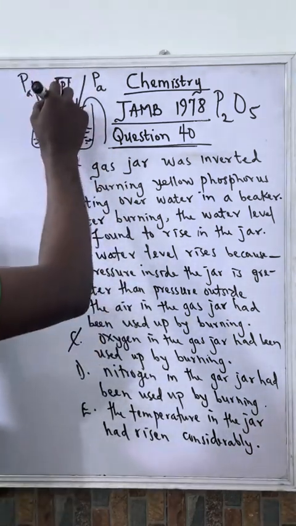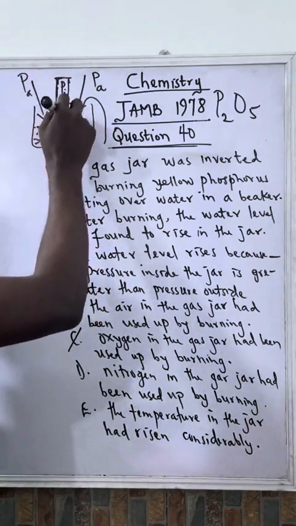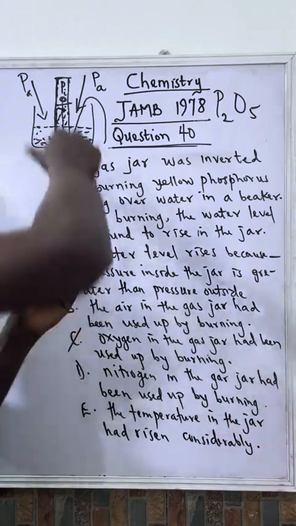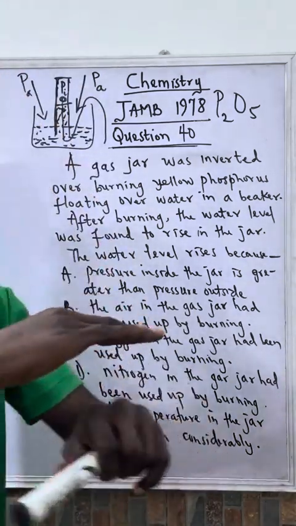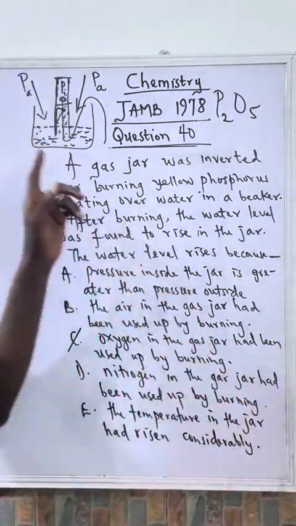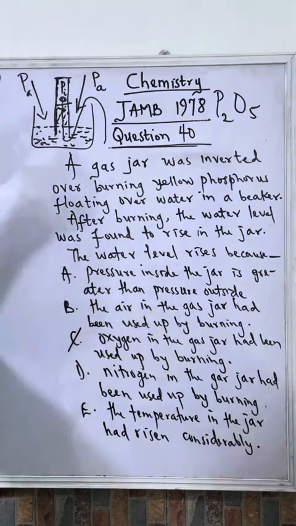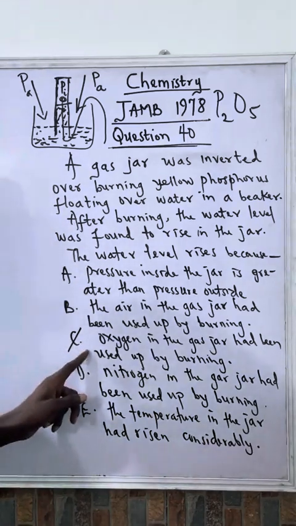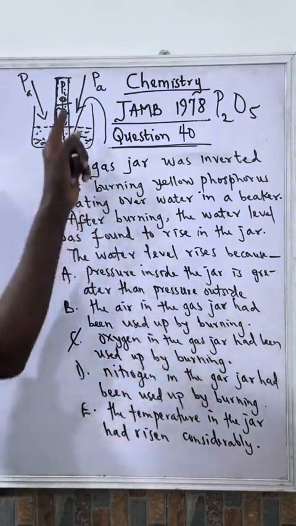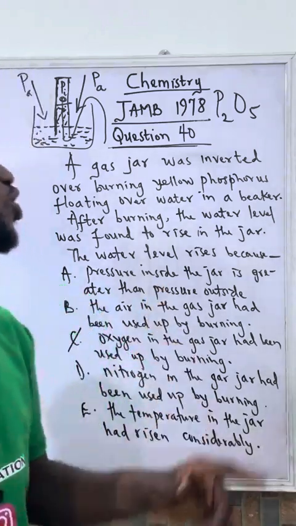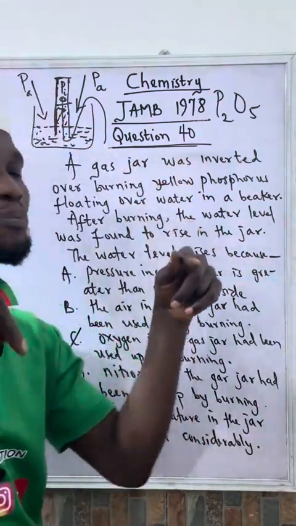Because the one outside has been pushed down, the one inside the jar is going to rise just to balance the pressure level. So the correct answer is that oxygen in the gas jar had been used up, and that is what led to the reduction in the internal pressure.